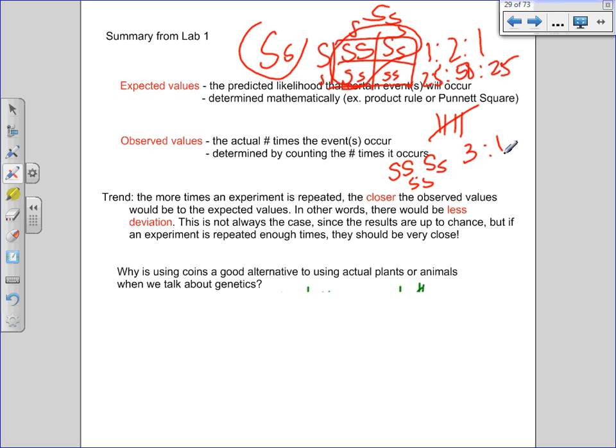So the phenotypic ratio in the second table that they had was 3 to 1. If we looked at 100 possible offspring instead of 4, it would be 75 to 25.